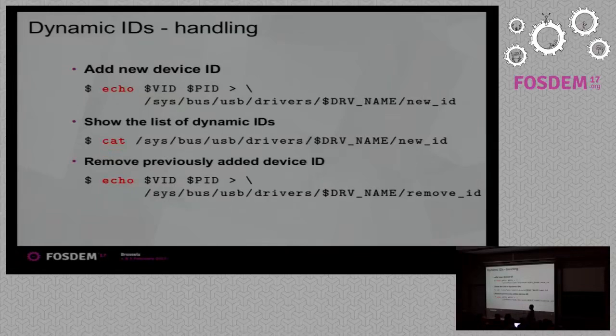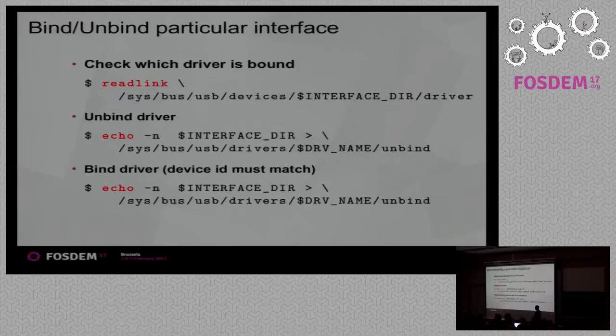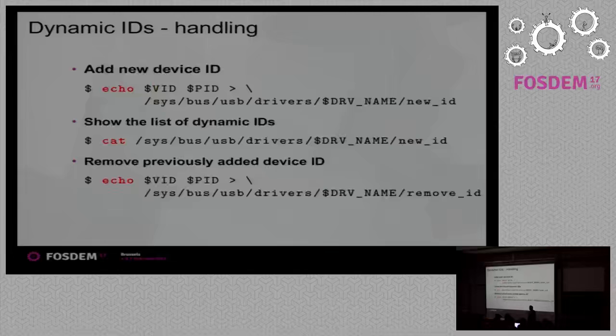You cannot check the list of driver IDs declared by the driver in the code, only the ones which you write from sysfs. And you can remove a previously added device ID using the remove_id file.